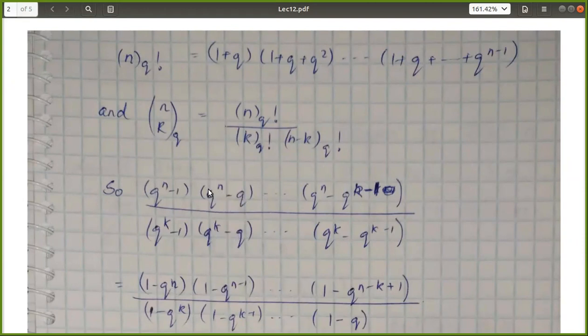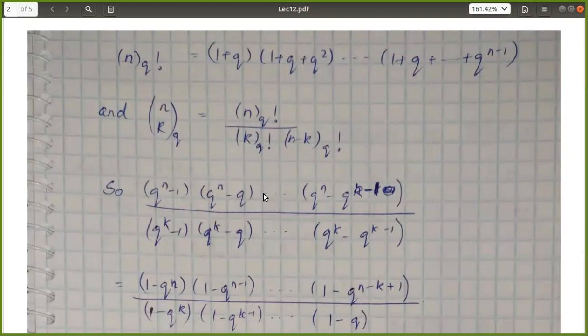So after a q comes out of this bracket, I'm left with q raised to n minus 1 minus 1, and with the sign change, it's actually 1 minus q raised to n minus 1, which is here. And similarly here, it would be q raised to k minus 1 minus 1, and with the sign interchange, it is 1 minus q raised to k minus 1. So these sign interchanges and a q out give me this.